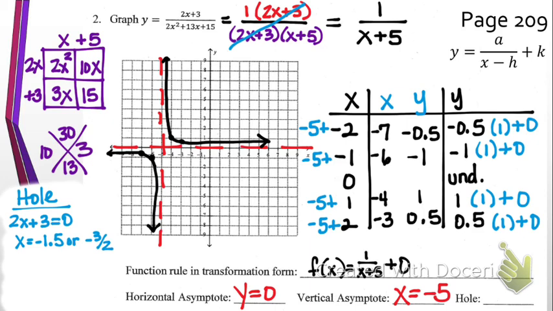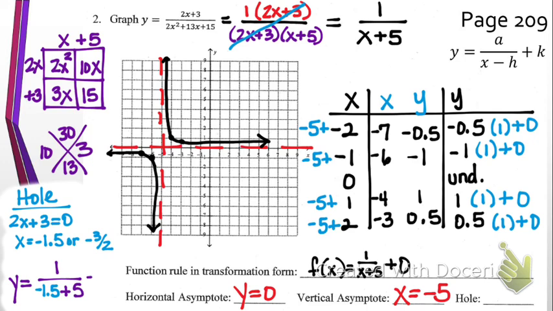So now let's find the y value. So you're just going to put that number right here. The only reason why I write it as a decimal is because I think it's easier for you guys to type it in your calculator. But to find your y value, you're going to type in 1 over, and then put that -1.5 that you got in for your x, plus 5.